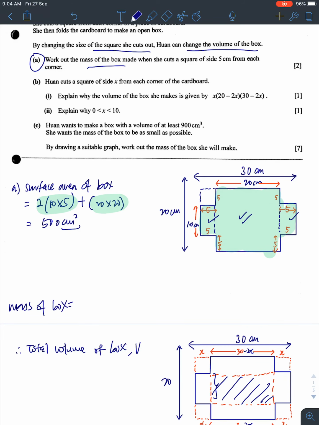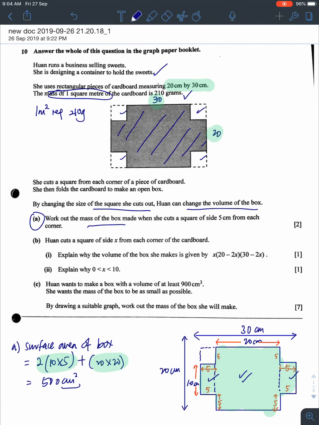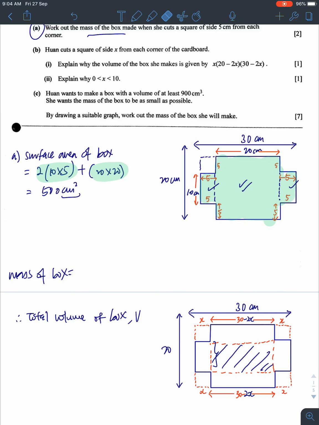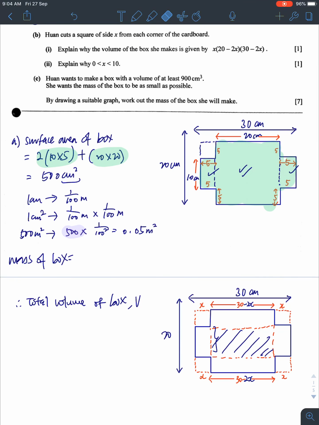What we like to do is convert the surface area in cm square to meter square, because then we can make use of this relationship. If you have forgotten, this is how we do it. 1 cm represents 1 over 100 meters. Of course, 1 cm square represents 1 over 100 squared meter square.